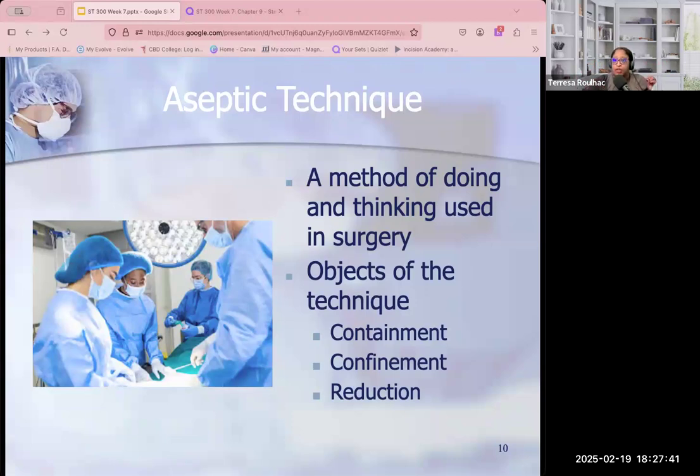It involves following established protocols, techniques, again, like aseptic technique, to just minimize the risk of infection during surgery.